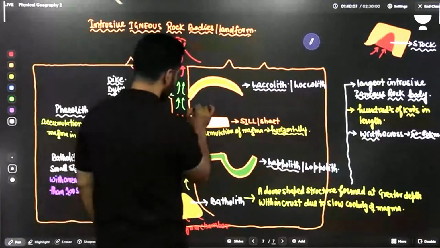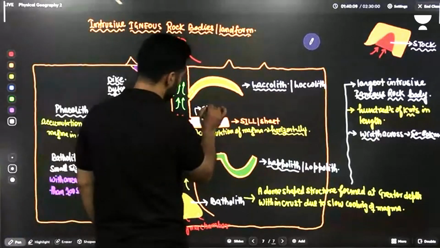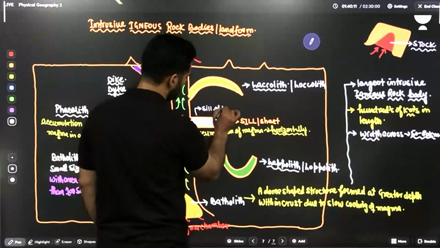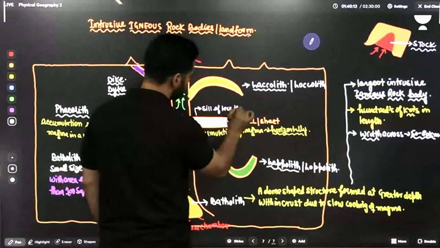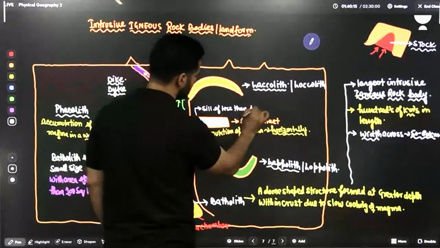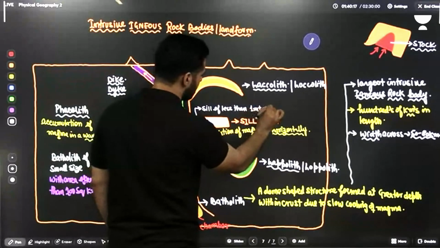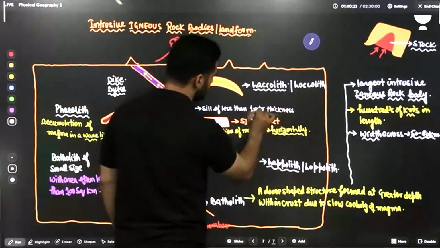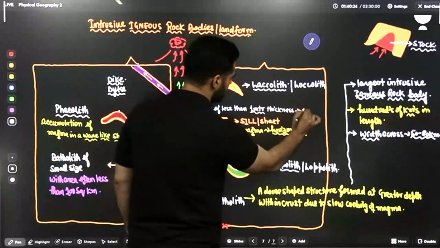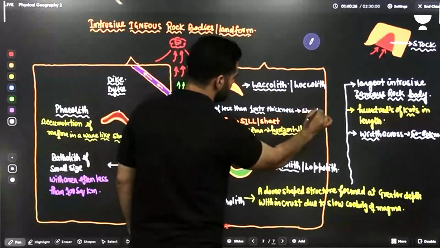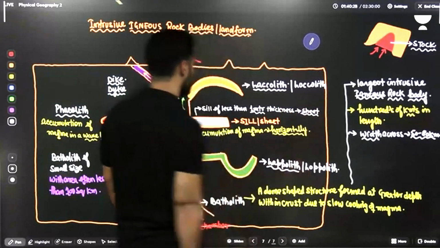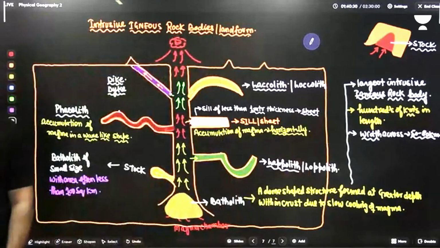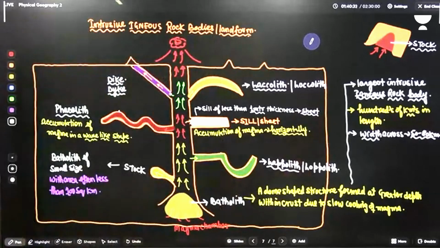You will remember sill of less than 1 meter thickness is called as sheet. What is sill of less than 1 meter thickness called as sheet?